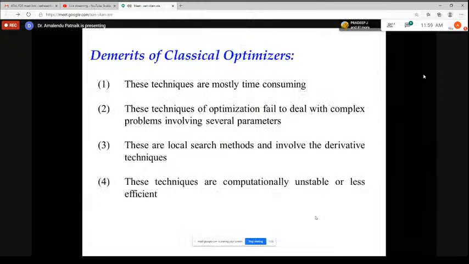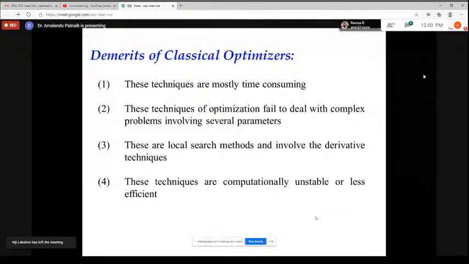And why go for these meta-heuristic based optimizers? Because the classical optimizers have their own problems. Classical techniques are time consuming with complex problems and many parameters.